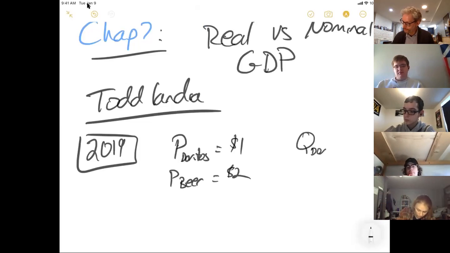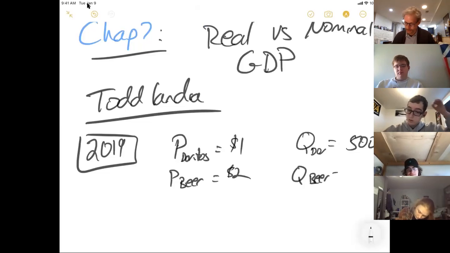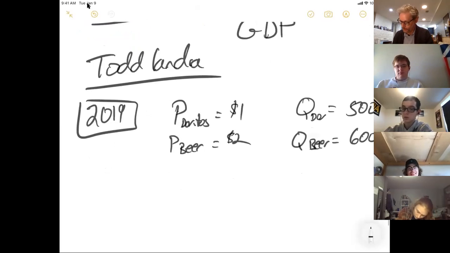And you look at how many Doritos they produce, and they produce 500 units. And the quantity of beer, they produce 600 units. Okay. What is nominal GDP in this country?